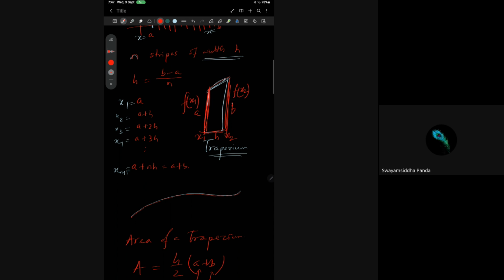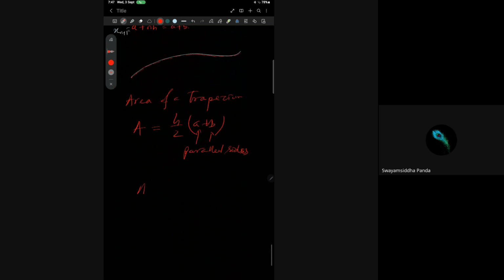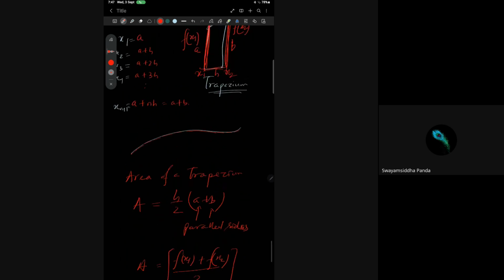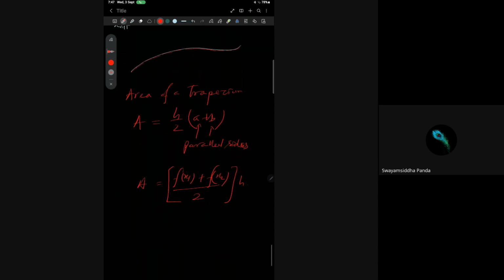So the area will be equal to f of x1 plus f of x2 divided by 2, whole into x2 minus x1, which is h. So this is equal to h by 2 into f of x1 plus f of x2, isn't it?